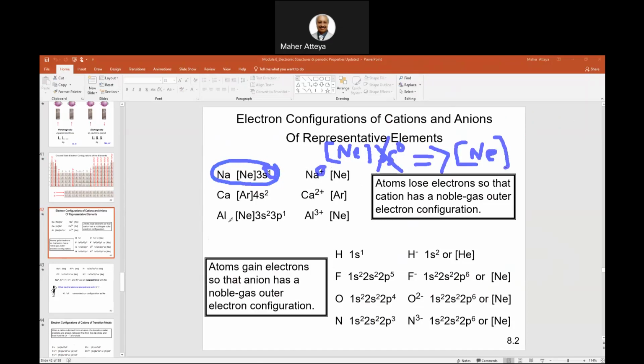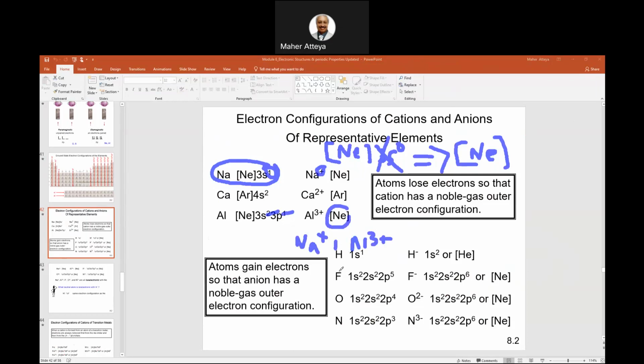How about this one here? It lost 3 electrons, so this one will be gone. This one will be gone. So Al3+ will be what? Again neon. So Na+ and Al3+ are called isoelectronic.